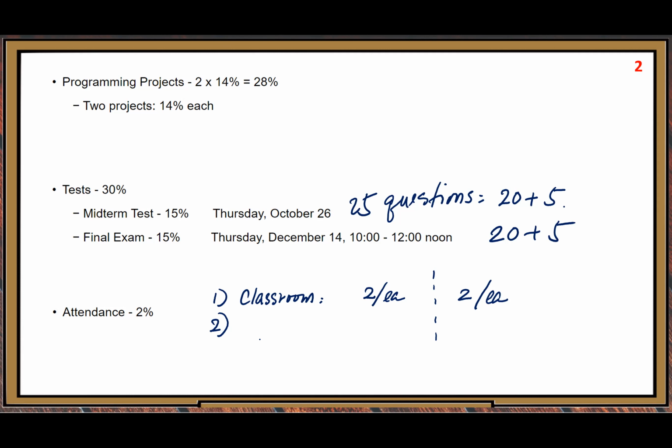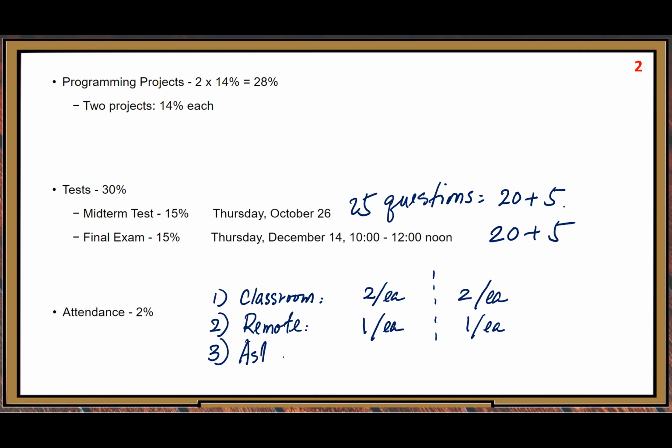That remote type is worth 1 attendance point each, not as strong as classroom attendance. But if you use the Zoom attendance, I give you a chance to get full points back for that week.